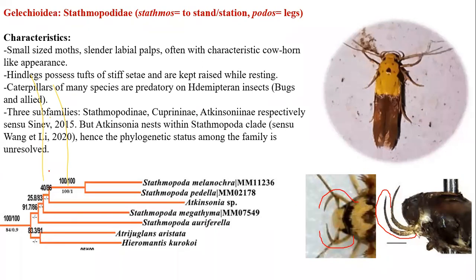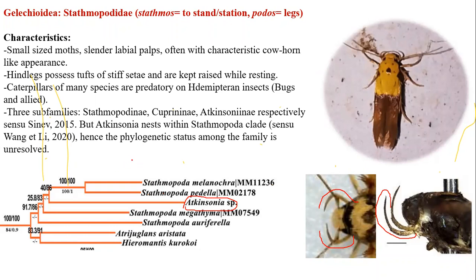This family consists of three subfamilies: Stathmopodini, Cuprininae, and Atkinsonini as well. However, whenever Wang and Li revised this family and its phylogenetic relationships, the behavior of Atkinsonini was confusing, because the species belonging to genus Atkinsonia seem to be nested within genus Stathmopoda.